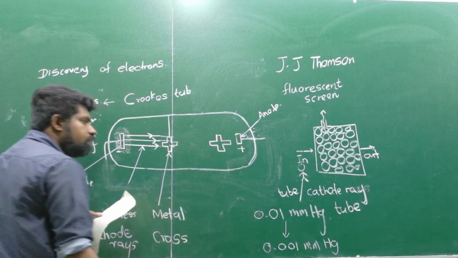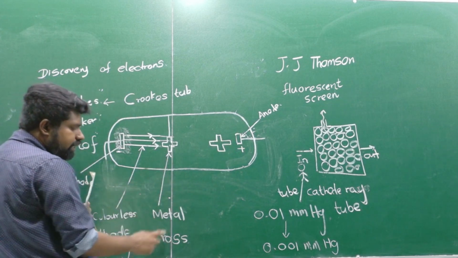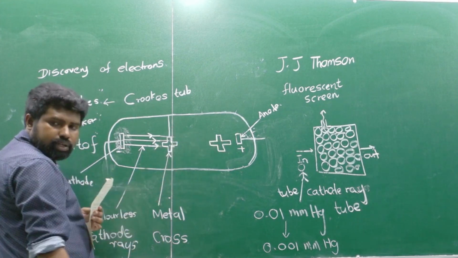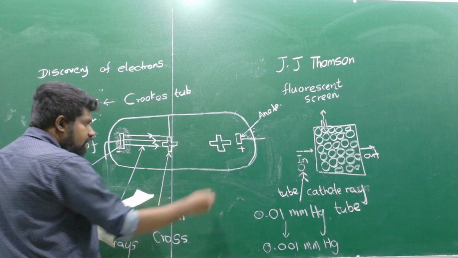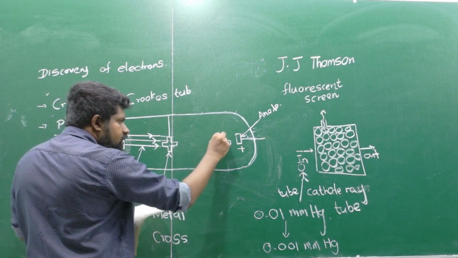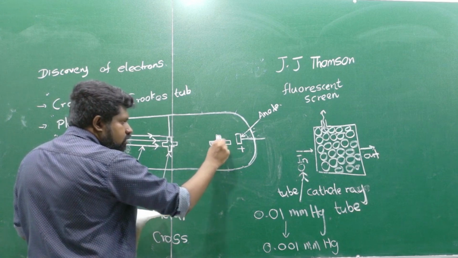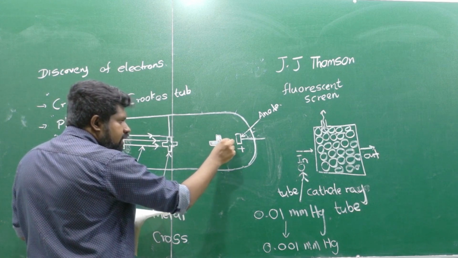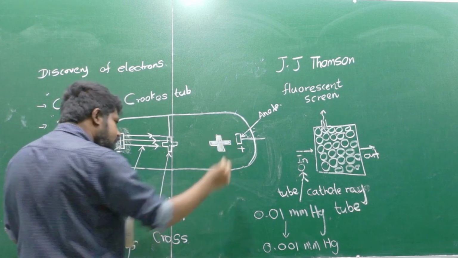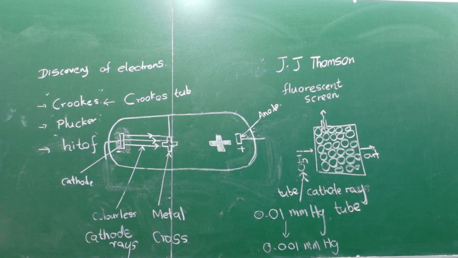So he observed an image; this is the object and there should be an image. This is a shadow. But the main thing is he observed this shadow with sharp edges. The edges of the shadow were very sharp.